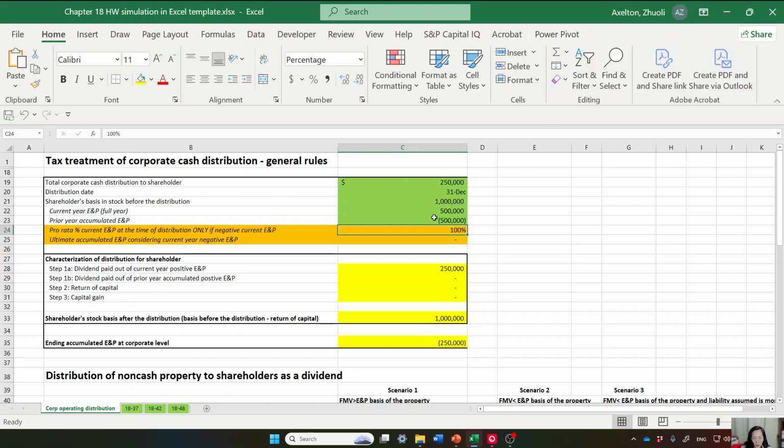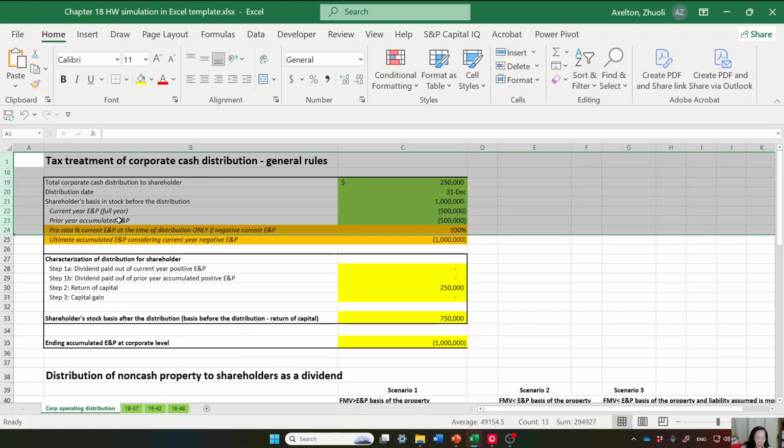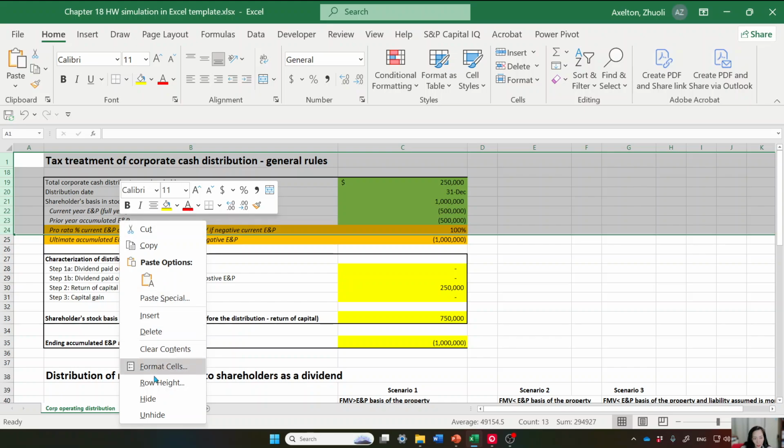If I have a negative current year E&P, what it looks like, and how everything comes through. This tries to simulate what's happening in the discussion as far as how the cash distribution is characterized.